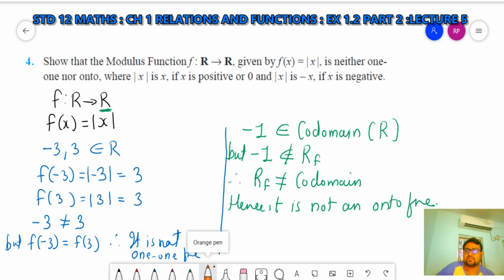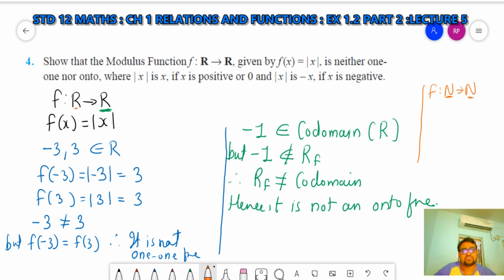See, if the function is from N to N, that means we can only take positive numbers. So for any two different numbers you will not get f(x1) equal to f(x2). Clear? Okay, then it will be 1-1, and also here it will be N, so only positive numbers will be there. Then it will also be onto.